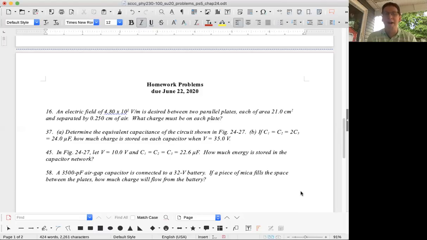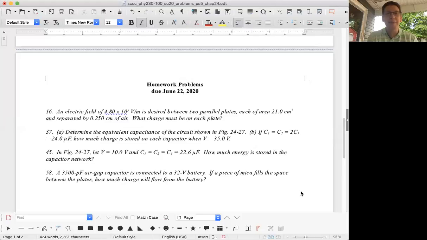So keep that in mind. And so you can figure out the charge, and if you have a segment where the capacitors are connected in parallel, the voltages across each capacitor in that segment are going to be the same. But if you have any questions figuring that out, don't hesitate to email me and ask for help.